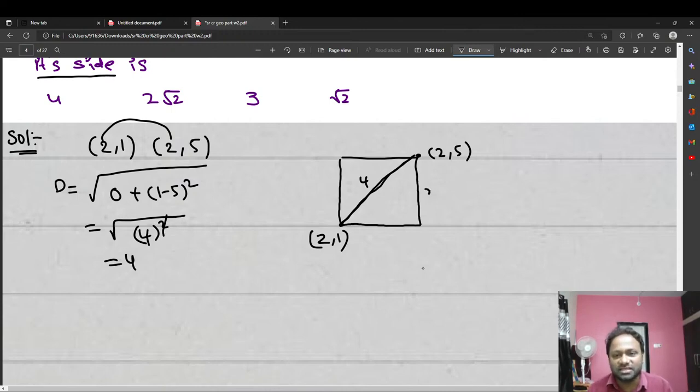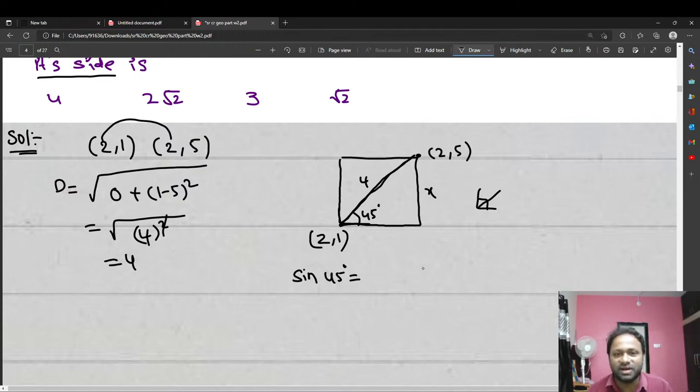Okay, right. Hypotenuse 4. And after that, we need the side. Suppose this is the side, x I have taken, right? This is 90 degrees, so we can take this angle as 45 degrees, no? Total 90 degrees, half of that means 45 degrees. From that I will take sine 45 degrees. What is the meaning of sine?